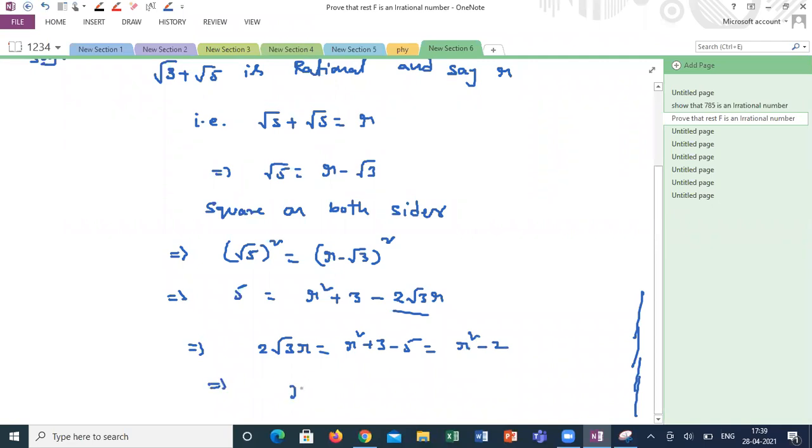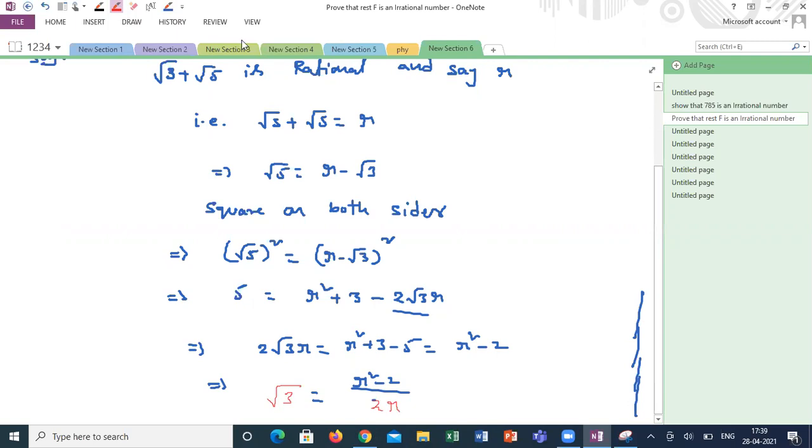So root 3 is equal to R square minus 2 divided by 2R.